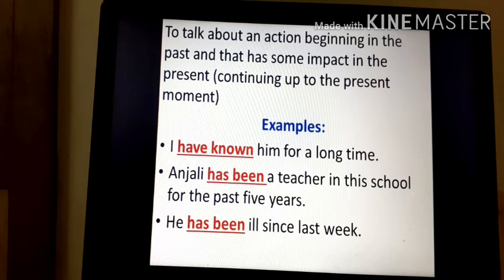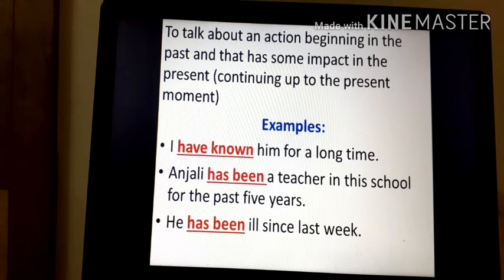It means we are talking about the action that began in the past, but still there is a connection in the present. The second sentence, Anjali has been a teacher in this school for the past 5 years. It means that for the last 5 years she has been teaching in this particular school. It means she started 5 years back and still she is a teacher and pursuing her career.